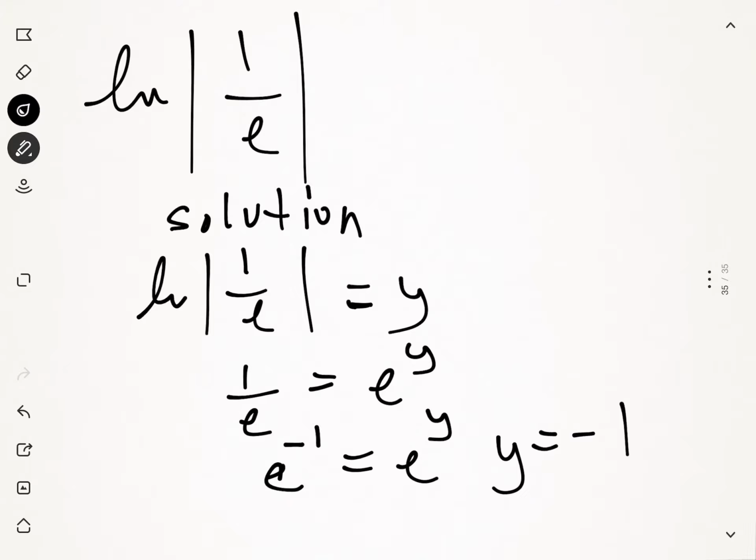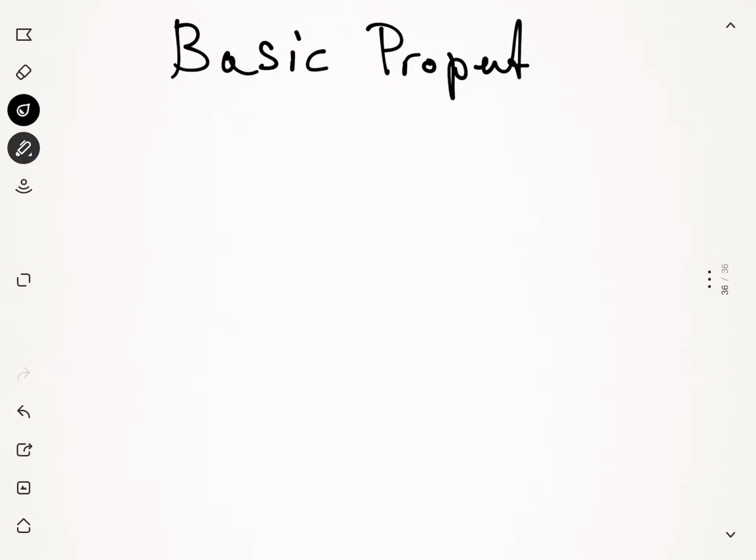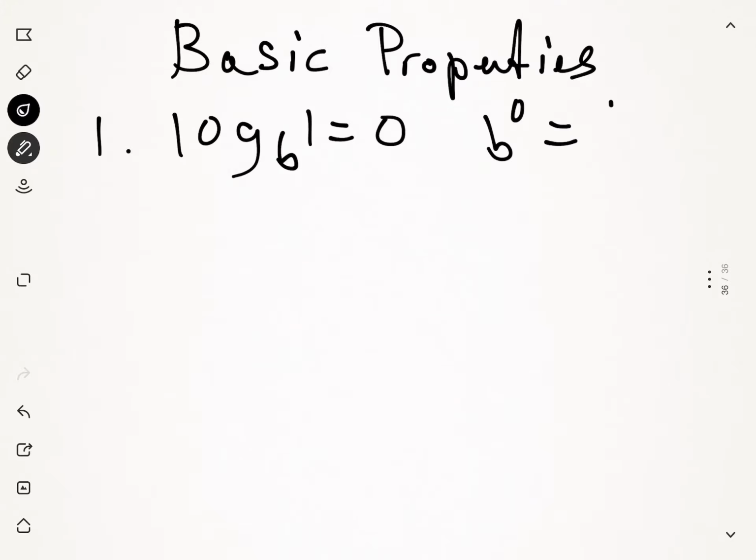So let's summarize some of the basic properties that we have here. Number 1, log base b of 1 equals zero, since b to the 0 equals 1.